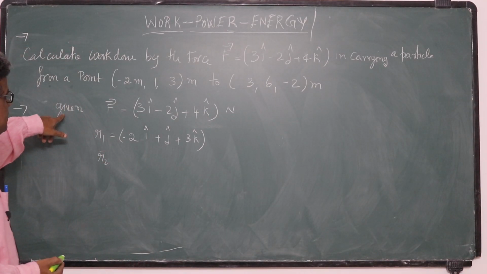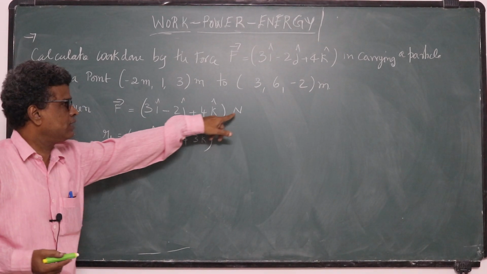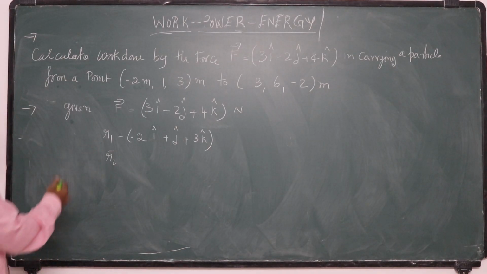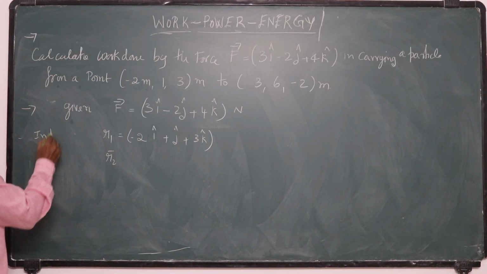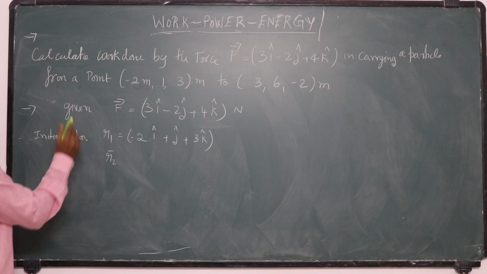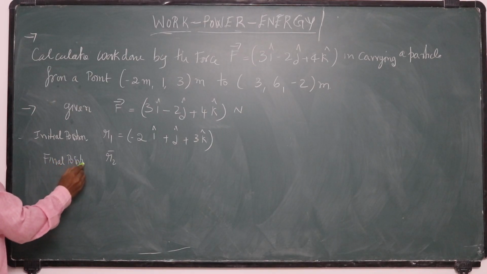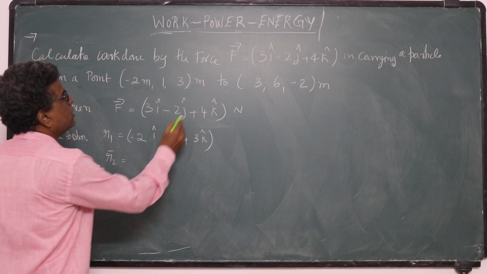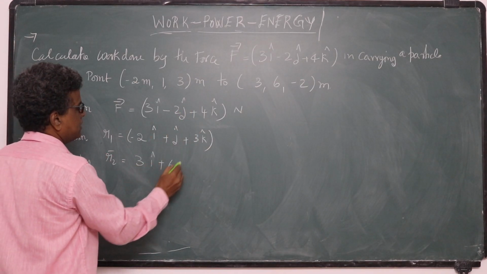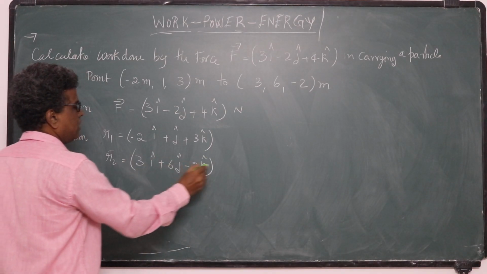So what is given? Force is given, 3 I cap minus 2 J cap plus 4 K cap newtons. This is the initial position, which I have written in vector form. The final position is R2 bar, given by 3 I cap plus 6 J cap minus 2 K cap, in meters.